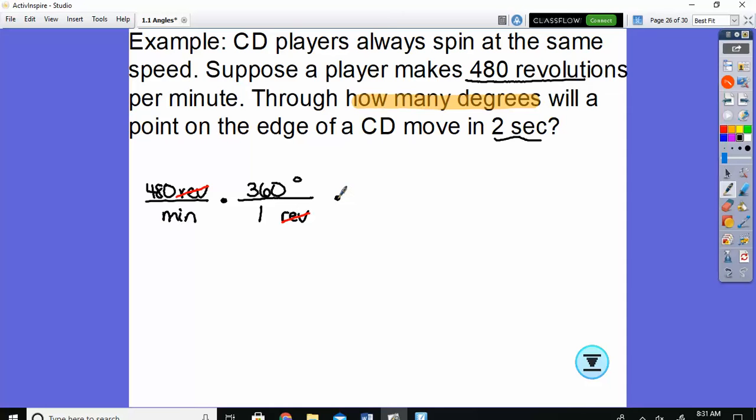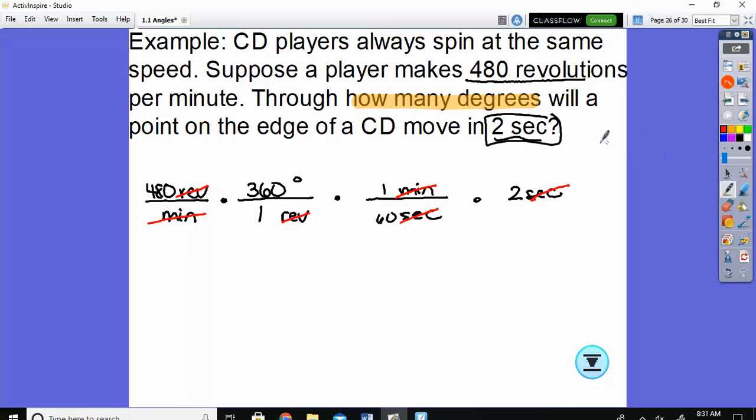The other time that I'm given is seconds, so I need to get rid of these minutes. Since this minute is on the bottom, I need minutes on the top to cancel it. We want seconds. And what do we know? So then, these minutes would drop out. Okay, currently I have degrees per second. My ultimate goal, I only want degrees, so what else do I need to do? It's spinning for a total of 2 seconds. I'm not converting that.